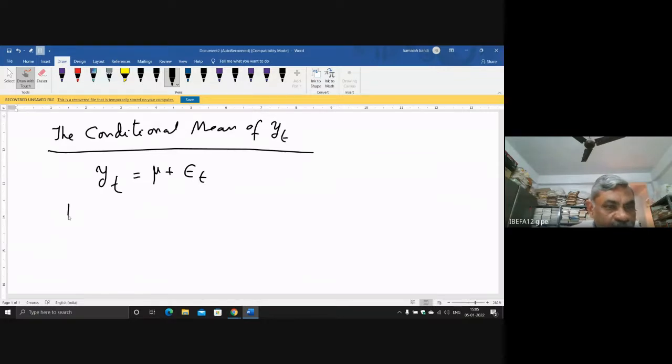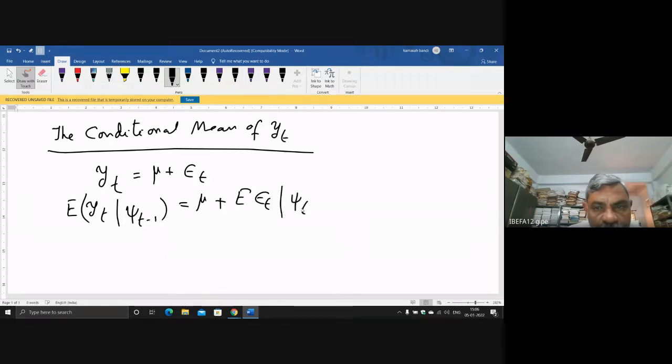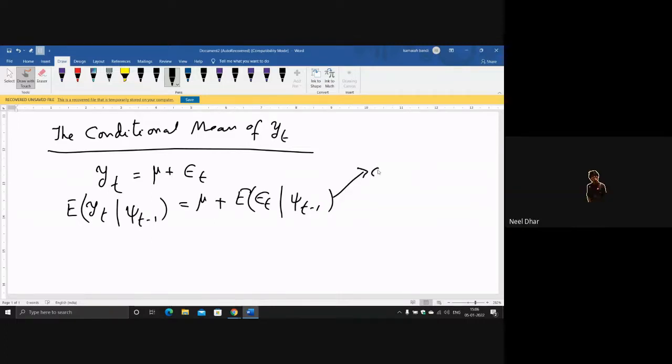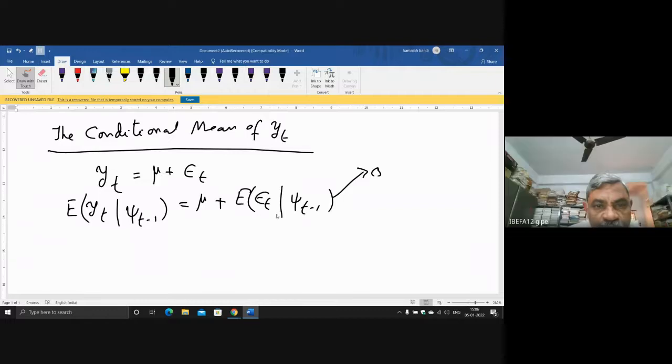Now take expectations on both sides conditionally, given psi t minus 1. This is mu itself plus the expectation of epsilon t conditional upon psi t minus 1. This anyway will be 0. So therefore this is mu itself, right?